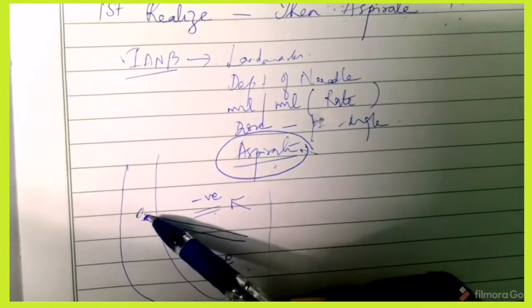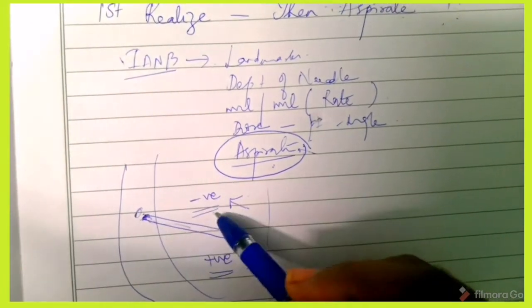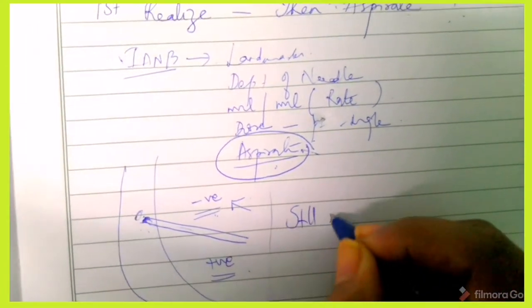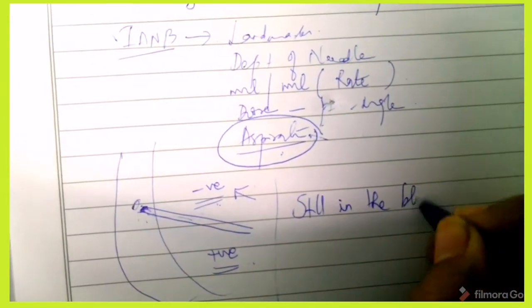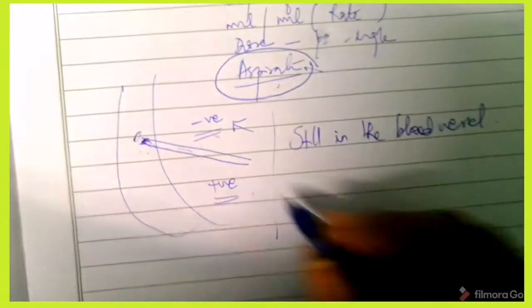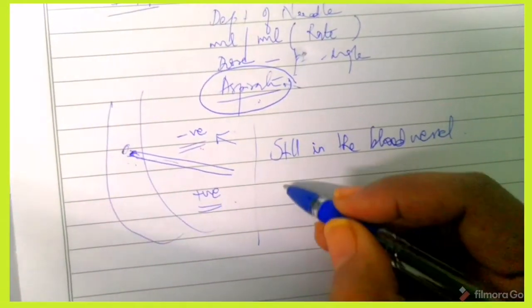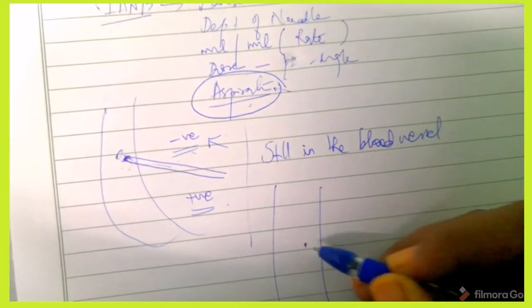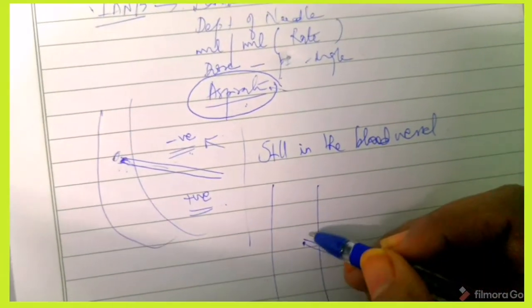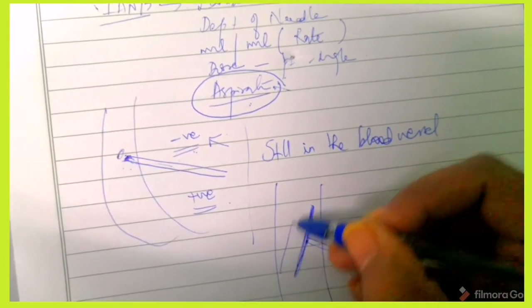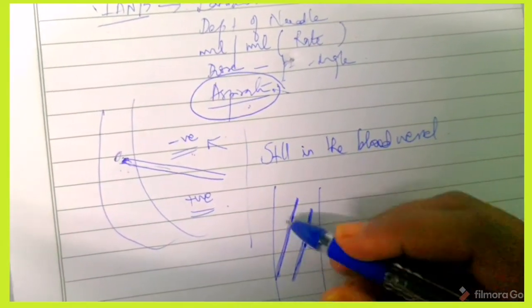But sometimes even though you get a negative aspiration, you may still be inside the blood vessel. How? I will explain it. You hit the bone with the syringe. When you are hitting the bone, you may be in the wall of a blood vessel. Consider this is a vessel which is running there.